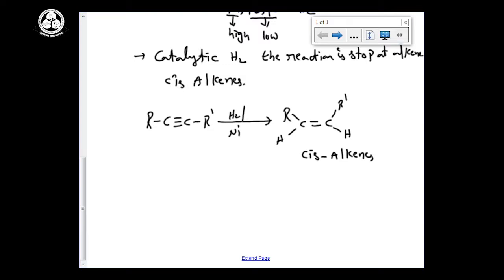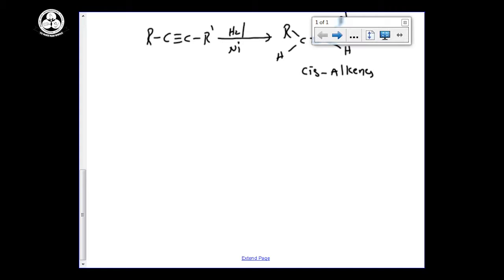If you add one more mole, we can get the alkanes. Generally, the types of hydrogenation of alkynes are Lindlar's catalyst, and hydrogen in presence of metal, nickel or platinum or palladium, and nickel boride.